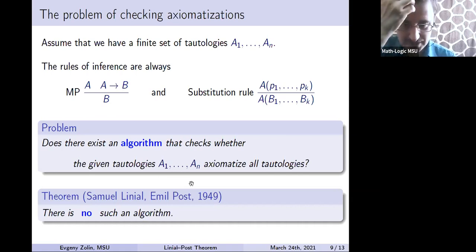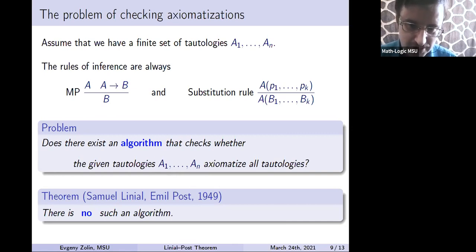So in particular, if we want to obtain another axiomatization of classical propositional logic, perhaps with some nice properties, for example with one formula, then every time, in order to build the proof that this new axiom system is complete, we need to invent something.